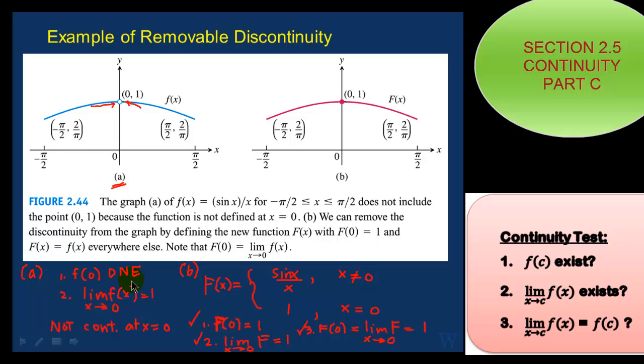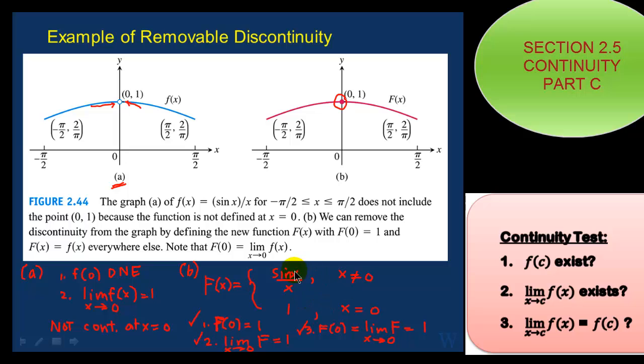That's why it's removable. We remove the discontinuity by plugging the hole right there. So we can remove the discontinuity from the graph by defining a new function, and there's your new function.